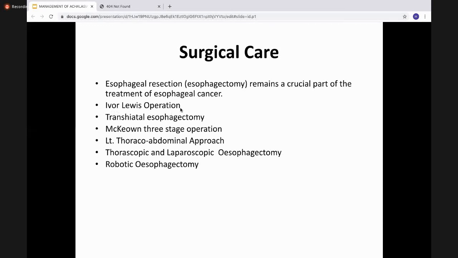In the Ivor-Lewis operation, what do we do? We do a laparotomy and make a stomach tube to replace the esophagus, and then a right-sided thoracotomy is done, the esophagus is mobilized, the tumor is excised, and the stomach tube is anastomosed with the upper esophagus in the thorax. So it is a 2-stage surgery.